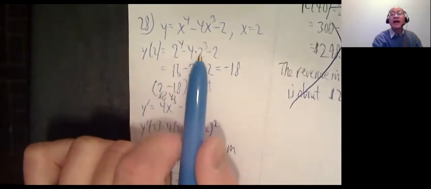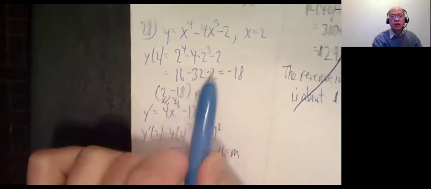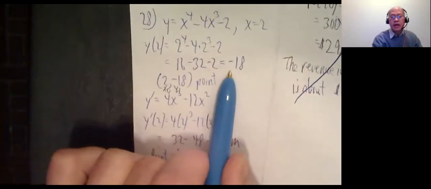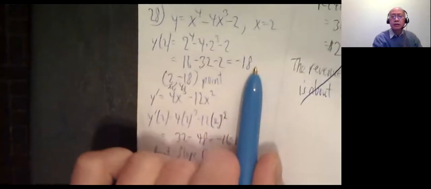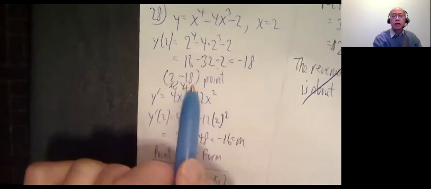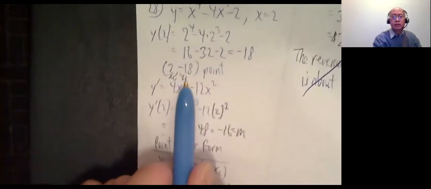Minus 4 times 8, 2 cubed is 8. So minus 4 times 8 is 32. Minus 2, that comes out to be -18. So the point is (2, -18). That's my x1, y1 in the point slope form that I'm going to do later.